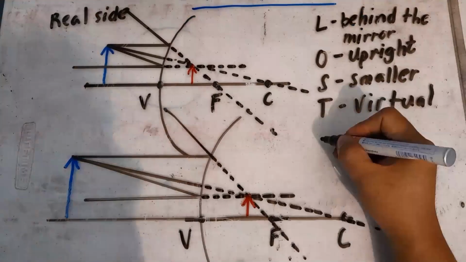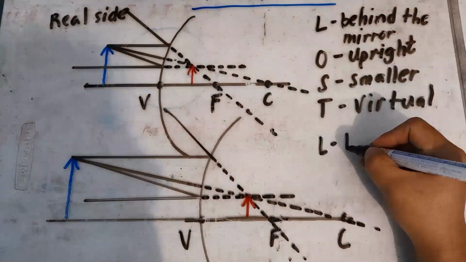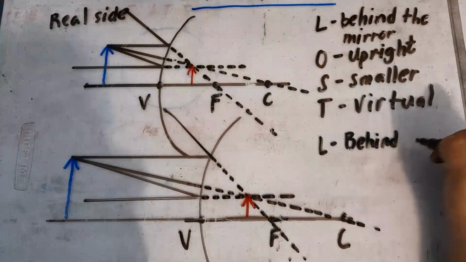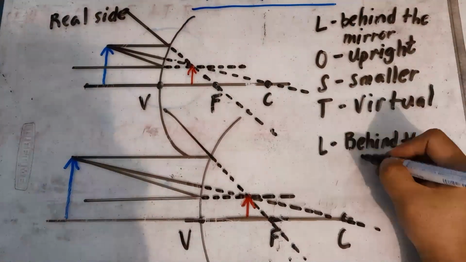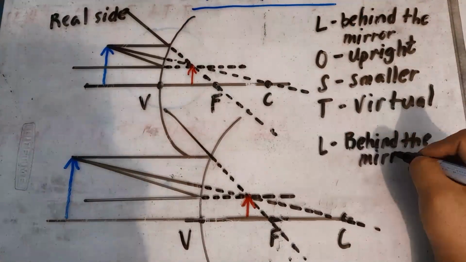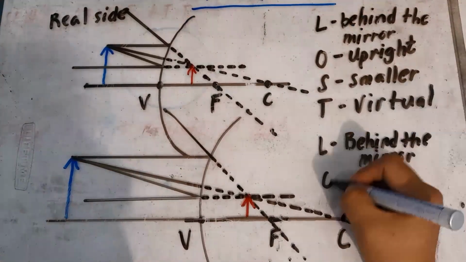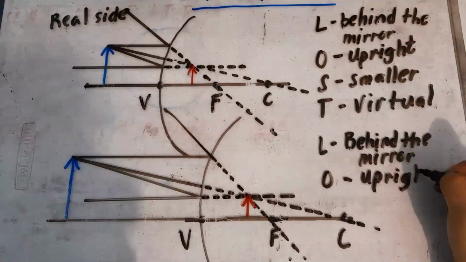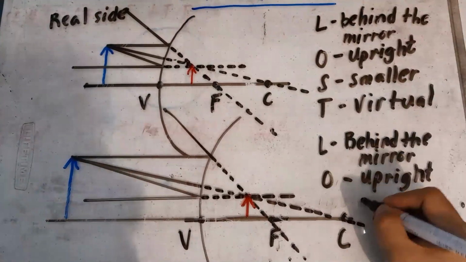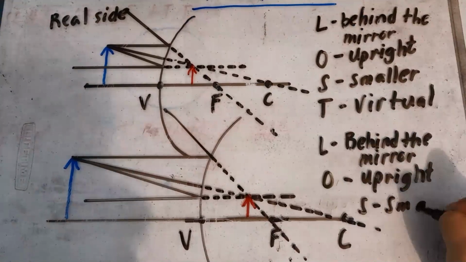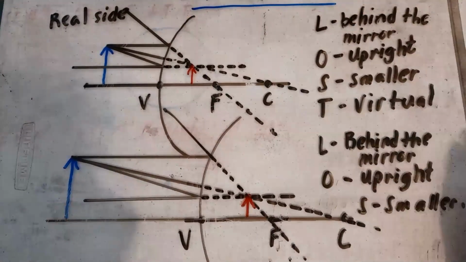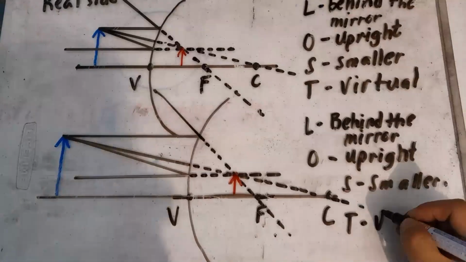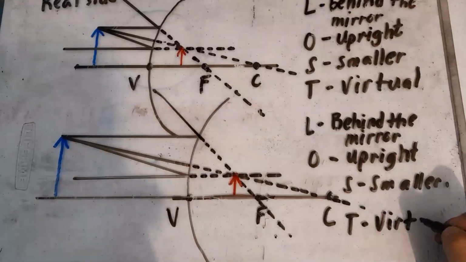First, location: behind the mirror. Next, orientation, upright. Size, smaller. Type, we have virtual since it formed behind the mirror.